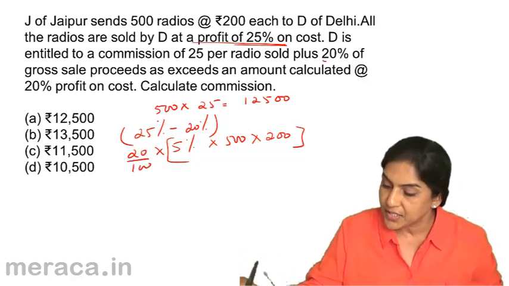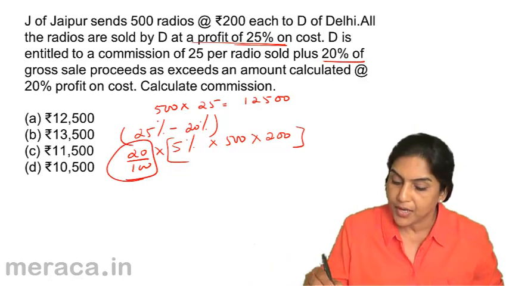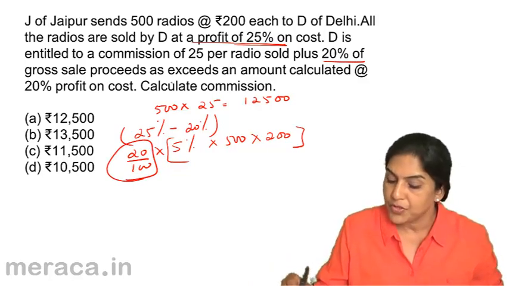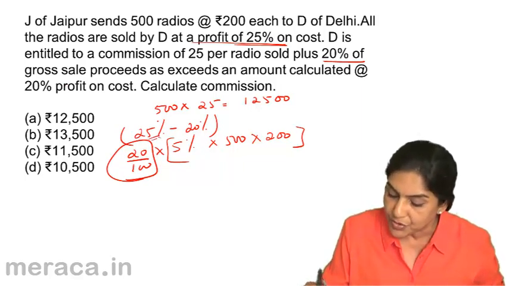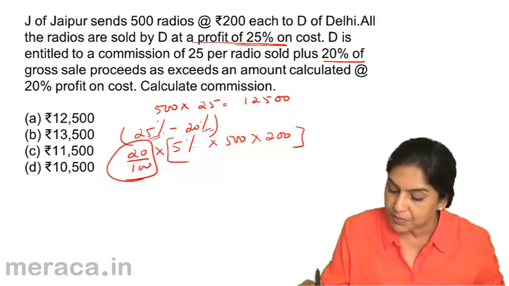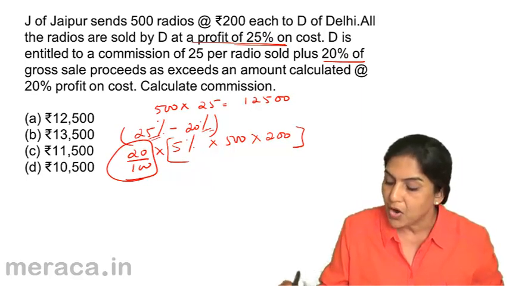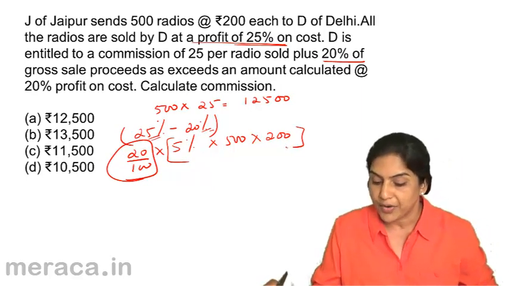So he gets 20% of the gross sale proceeds as exceeds an amount calculated at 20%. Gross sale proceeds 25%, exceeds 20%. I'm talking of 5% of 500 into 200.